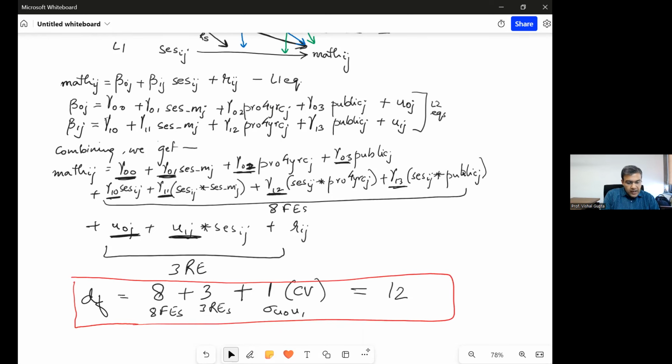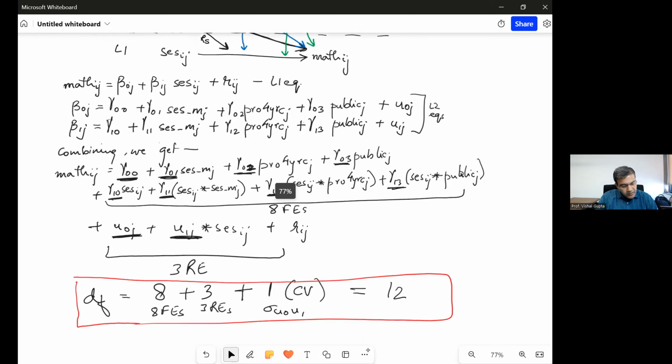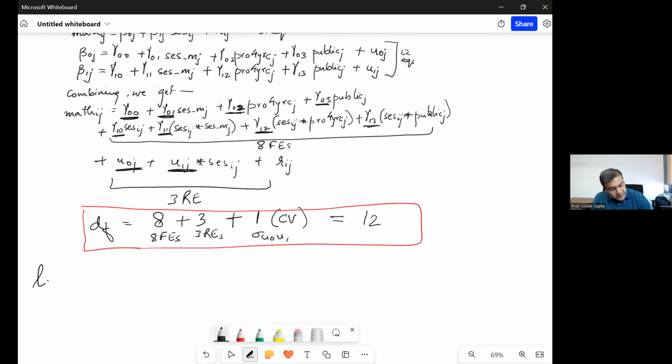What is going to be our LME equation now? What should be the syntax that we write?